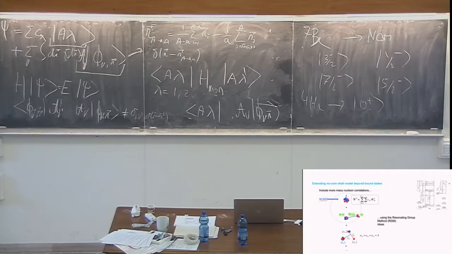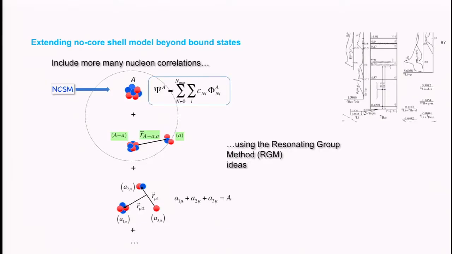So okay, there are two bound states, 3½ minus and 1½ minus, and they are bound by 1.6 MeV or 1.5 MeV, and then the next threshold is lithium-6 plus proton at 5.6 MeV.